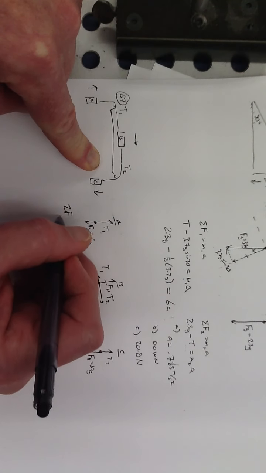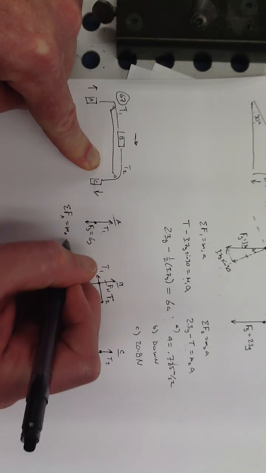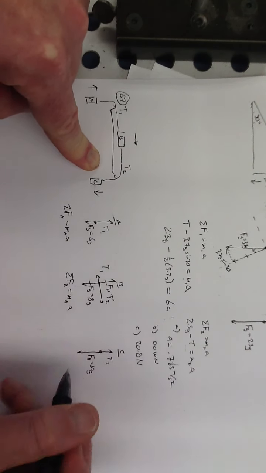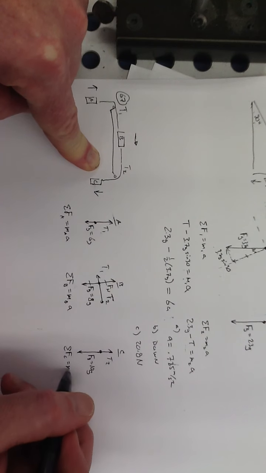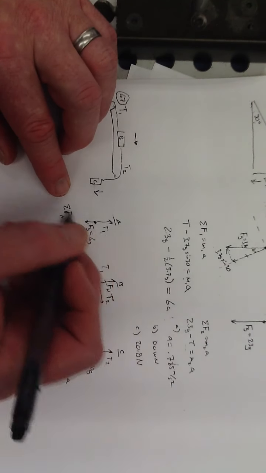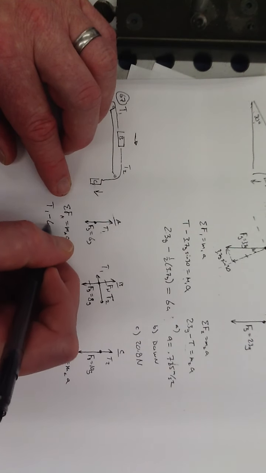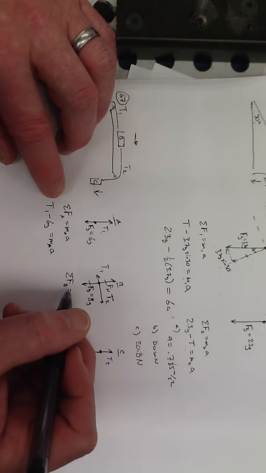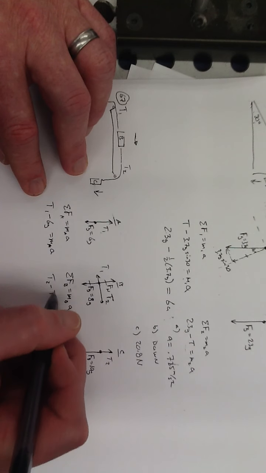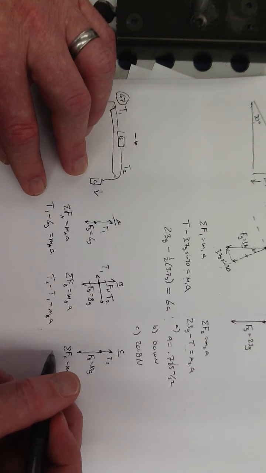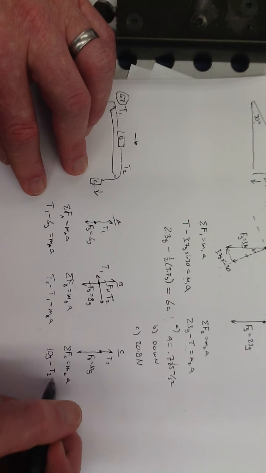So let's do it. Here, winners minus losers is T1 minus 6G. Here, winners minus losers. And here, winners minus losers.